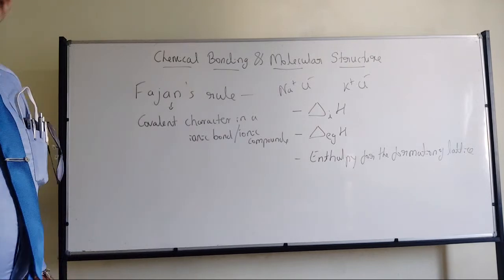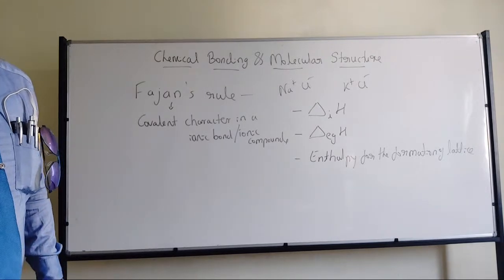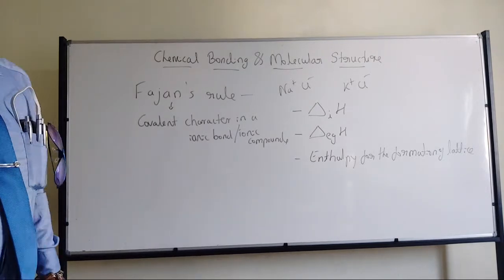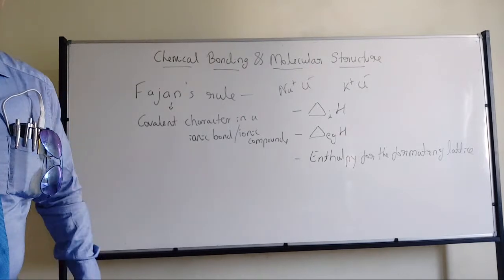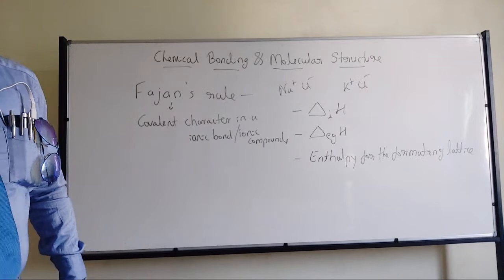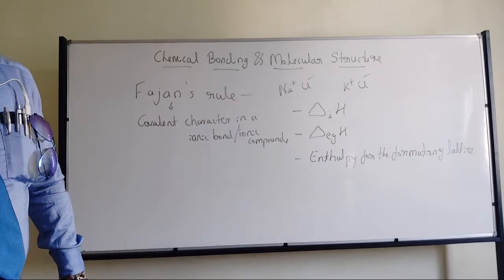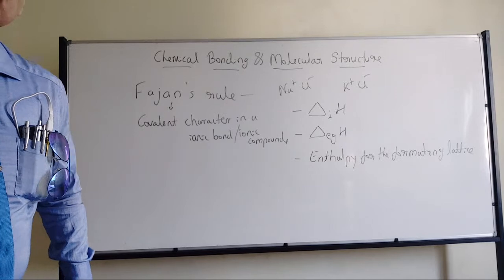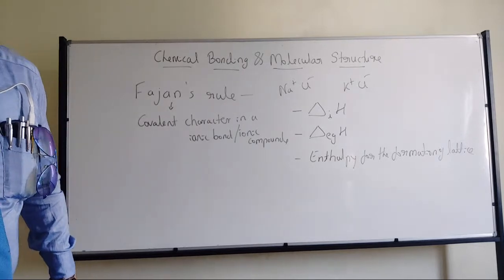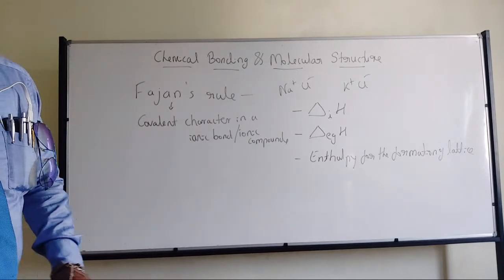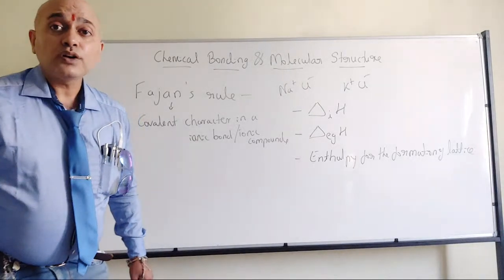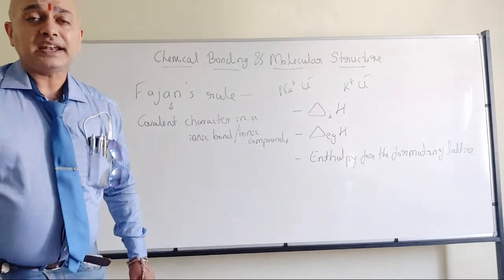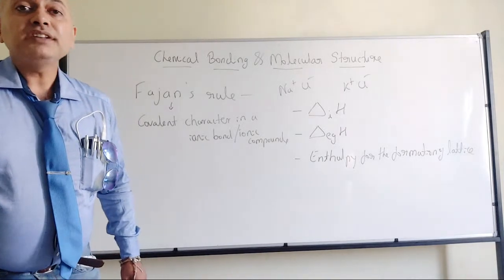Both are having ionic interaction, that is electrostatic interaction. But still, where the interaction will be more, that's what covalent character is. As the interaction increases, we will say that there is an increase in the covalent character in an ionic compound.